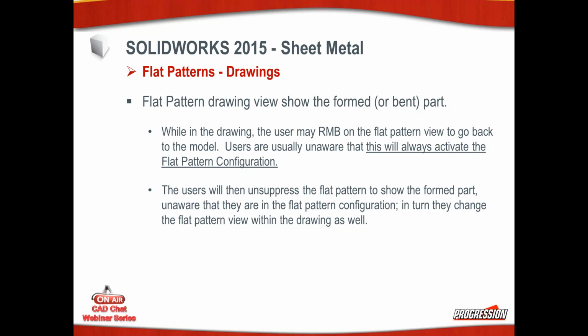What happens with this is when a user is in the drawing and they use the right mouse button and then the open part icon to go back to the model, usually the users are unaware that this will always activate the flat pattern configuration in the model. And being unaware of this, they see that the model has been flattened and they'll suppress or use the flat pattern tool to bring it back to the formed part.